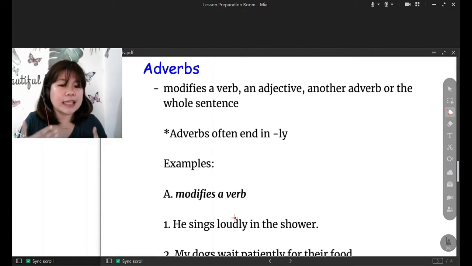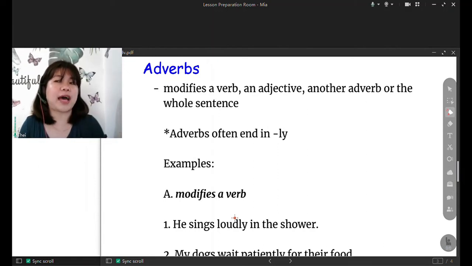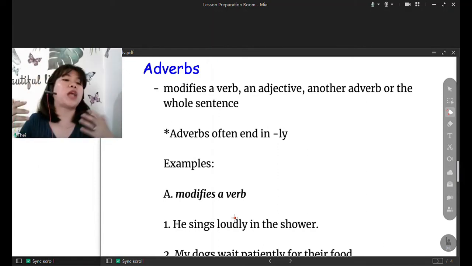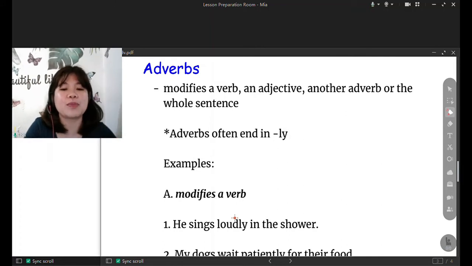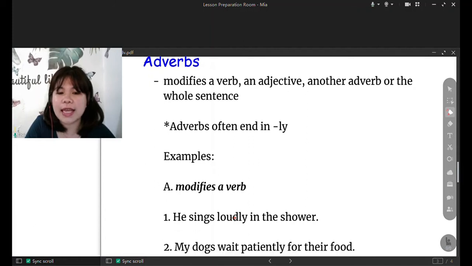Okay, let's have examples so that we can understand what adverbs are. Most of the time, we can see adverbs end in ly.